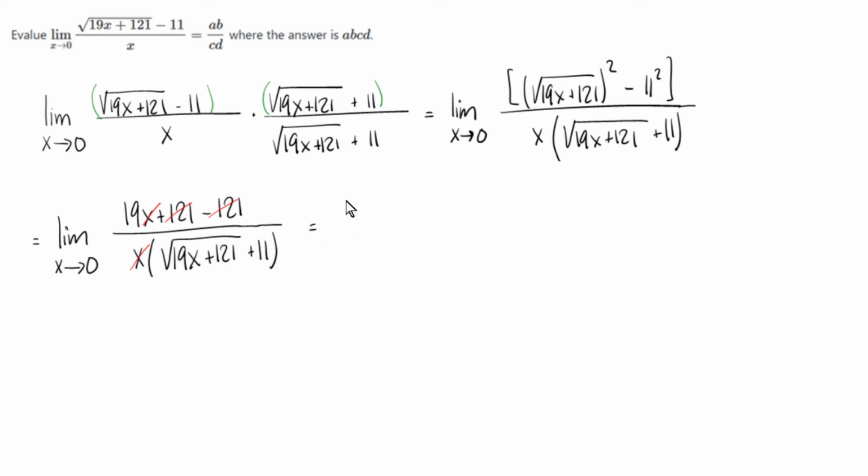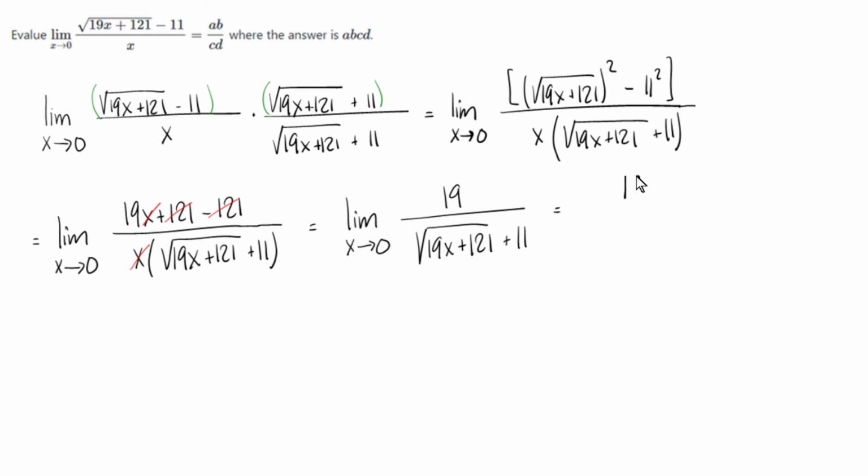So we're now left with the limit as x tends to 0 of 19 over the square root of 19x plus 121 plus 11. At this point, we can substitute in 0.